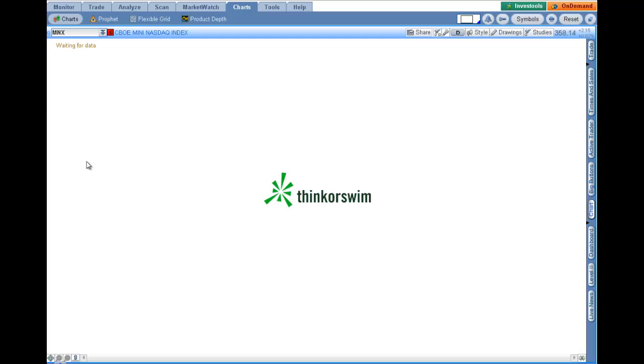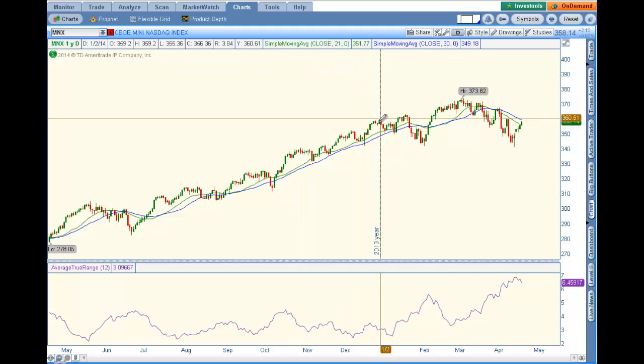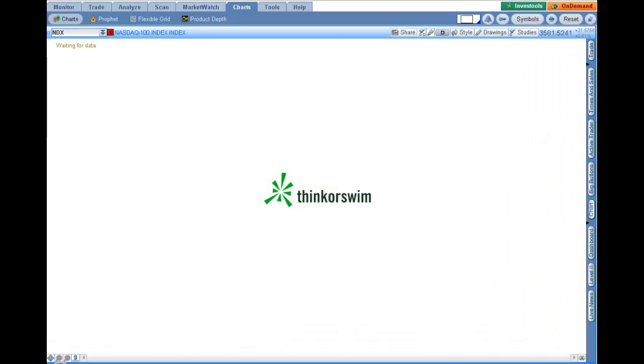And what it allows us to do, as it's loading here, is to trade in a smaller account size because we can use different strike prices. So it allows us to trade smaller and with the same amount of return on capital. We're going to look at the NDX. I'm going to walk it all the way through so you can see the beauty of the trade.